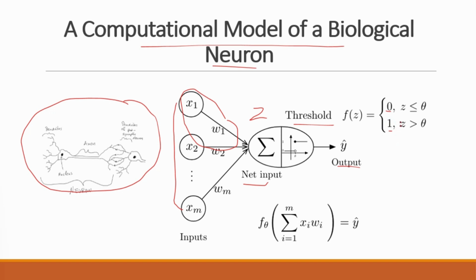So if z is smaller than the threshold, then we return the class label 0, and if z is greater than the threshold, we return class label 1. To be more precise, if z is smaller or equal to the threshold, but if we use floating point operations, like real value numbers in a computer, then the chance that something is exactly equal is very small. So in that case we could remove it here.